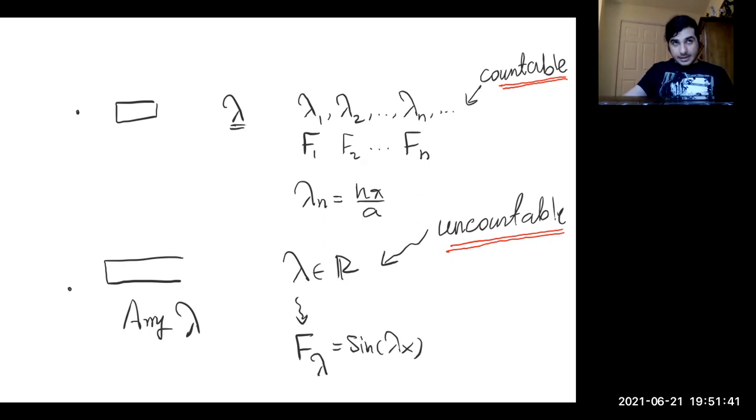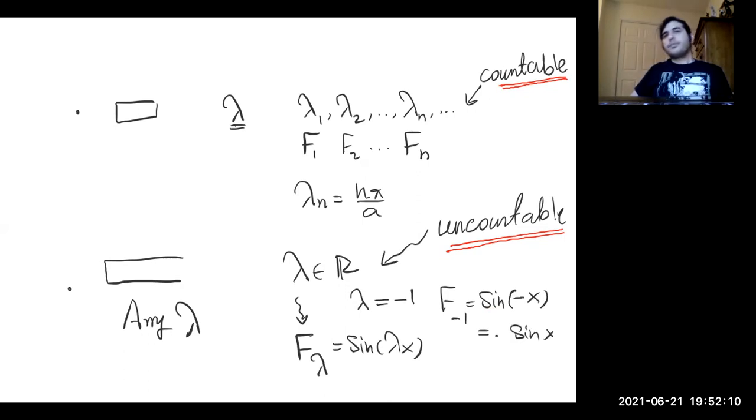So that's the case now. Any lambda would work. Just one thing: if lambda is negative, for example, let's say lambda is -1, then the corresponding function would be sine of lambda x, which is sine of -x, which is equal to minus sine of x. So this is not linearly independent from sine of x.